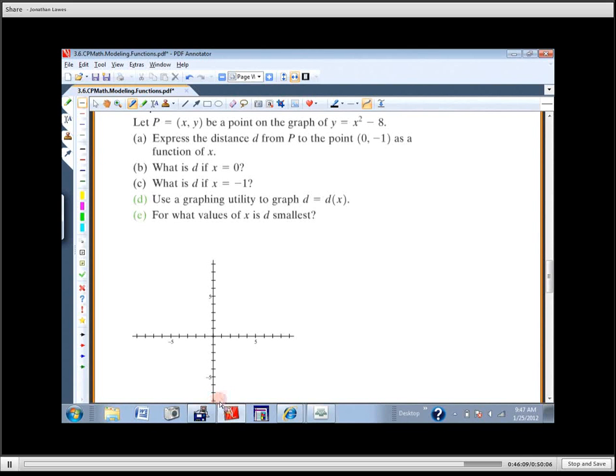So if I go over 2, I'm going to go up 4, and if I go over 3, I'm going to go up 9, so it's going to look something like this. That's what the graph looks like. And it says this point, xy, is on that graph. So let's put it right here, and let's call it xy.